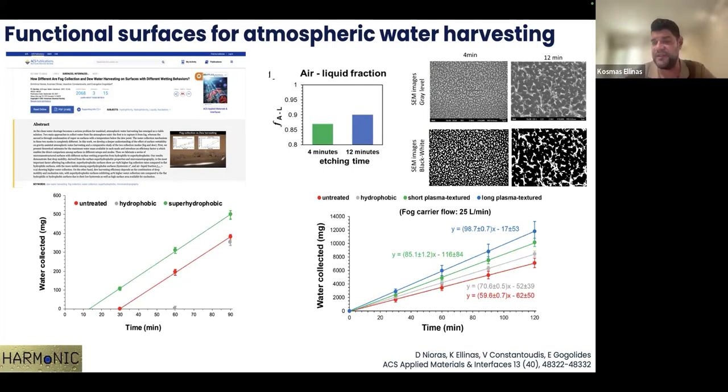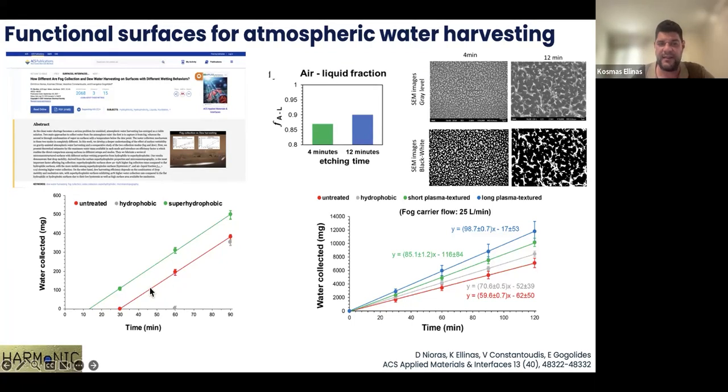So if we use this kind of surfaces, the rough surfaces that I showed you earlier, in both modes, hydrophilic, hydrophobic, super hydrophobic, or super hydrophilic, we can have increased collection rates compared to the untreated surfaces.